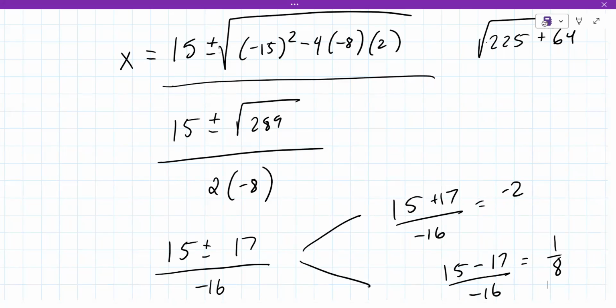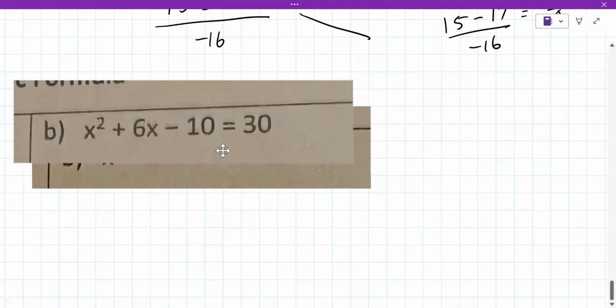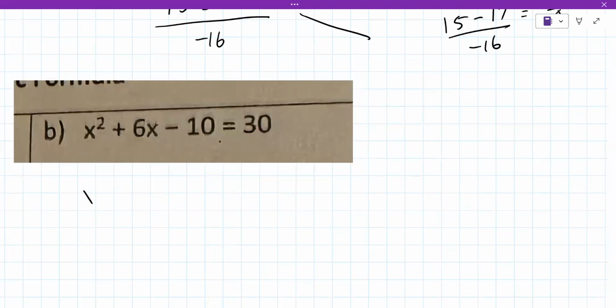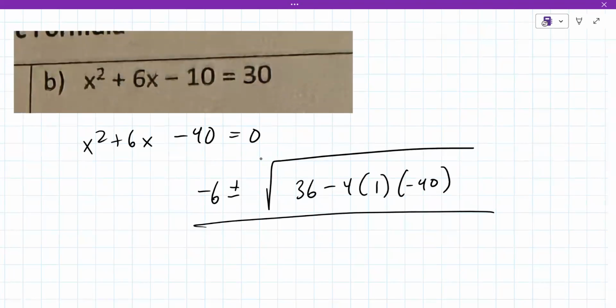All right. So when we look at a problem like B, we'll do at least one more here. You have to get all the values on one side of the equation. That's the biggest difference. So putting that in the formula: negative 6 plus or minus the square root of 36 minus 4 times 1 times negative 40, all over 2 times 1.